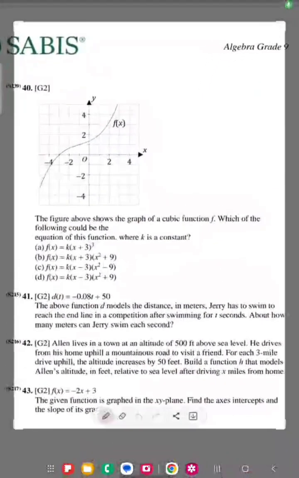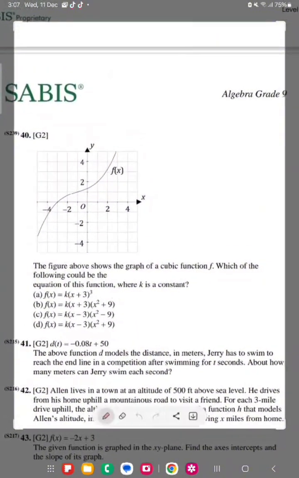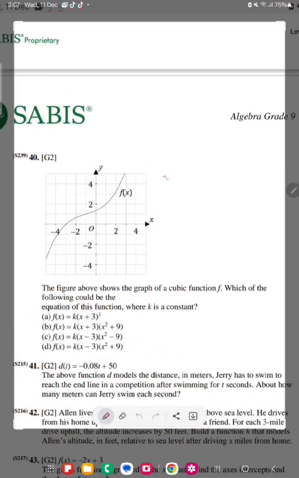And they want the cubic function of f. So first of all, find the x-intercept. So the x-intercept is equal to, so the y is 0. When y is 0, x is what? It's negative 3.